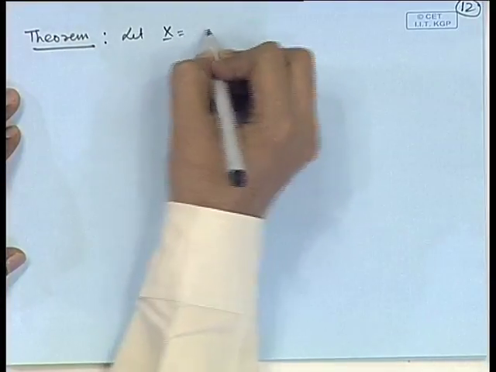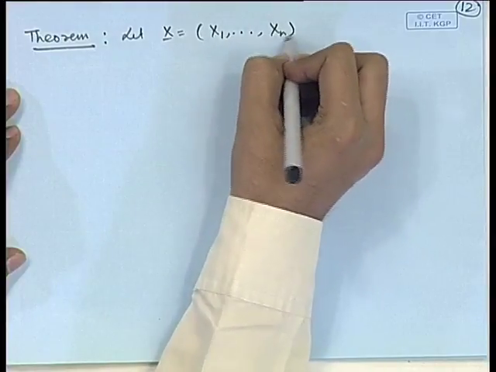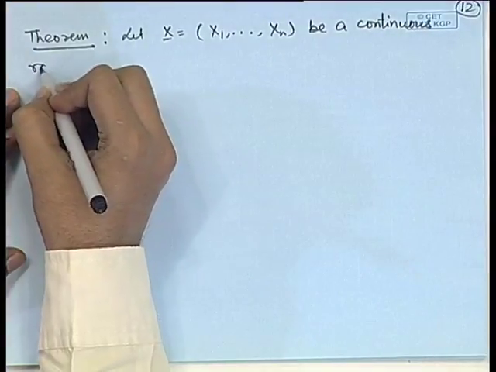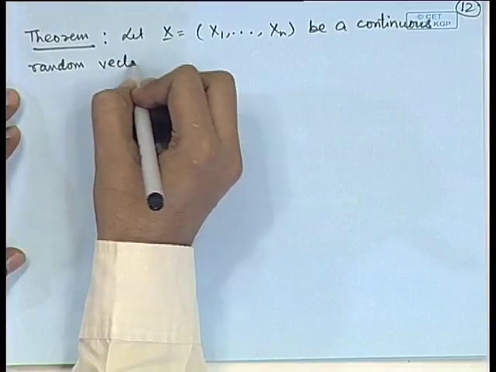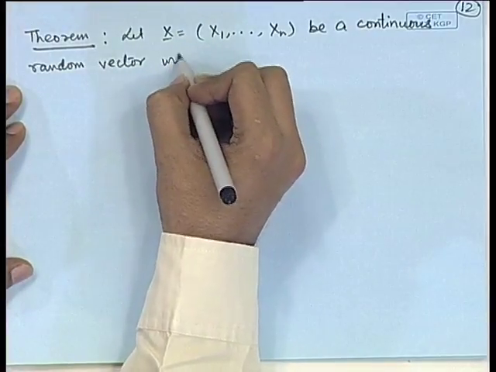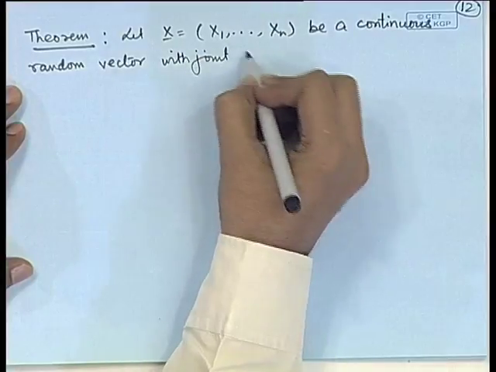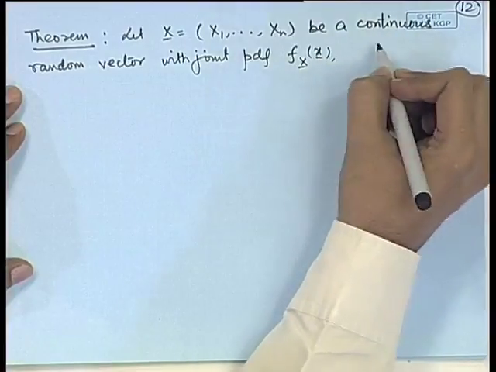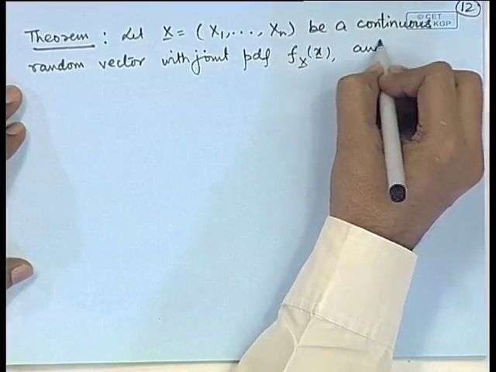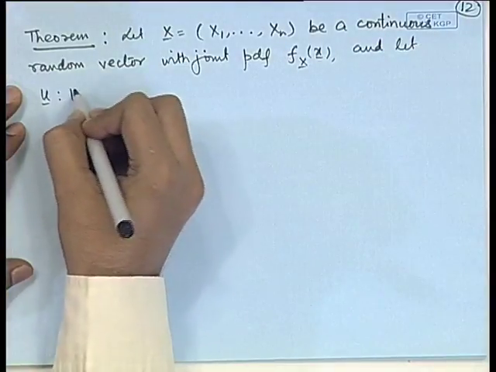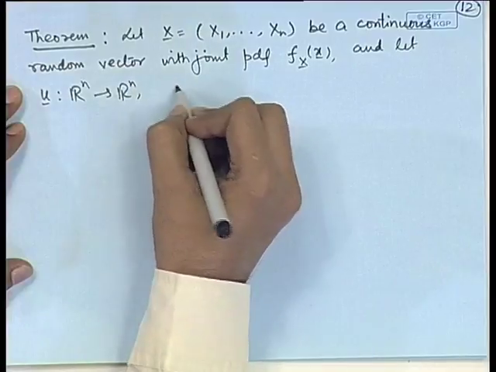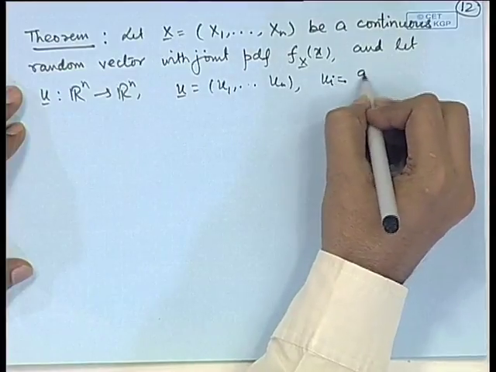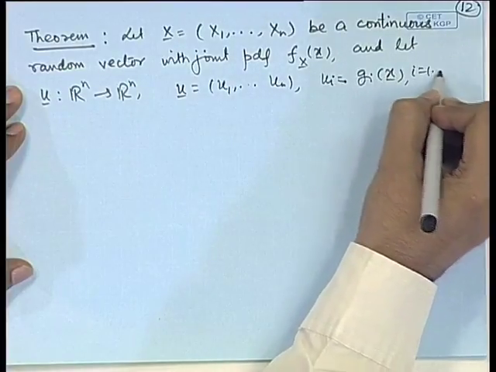Let X = (X1, X2, ..., Xn) be a continuous random vector with joint PDF f of x, and let U be a mapping from R n into R n, where U = (U1, U2, ..., Un), Ui = gi(X) for i = 1 to n.